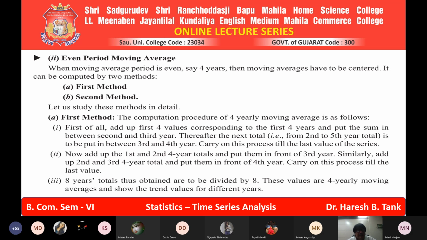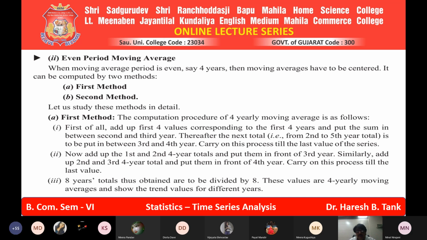Right? Now, our intention is to get the 4 yearly moving average. Can anyone say what would be the hitch in this 4 yearly moving average? Whenever it comes to your mind, I want you to think of it.